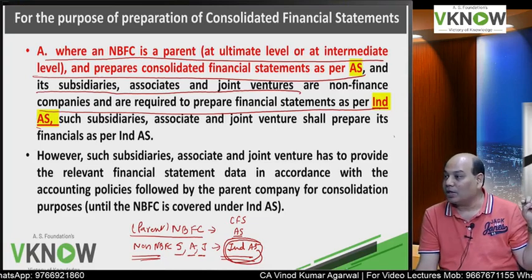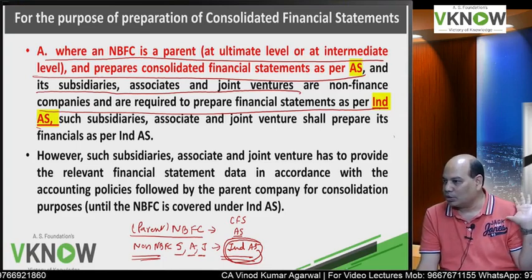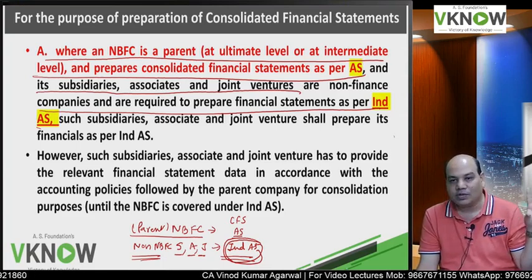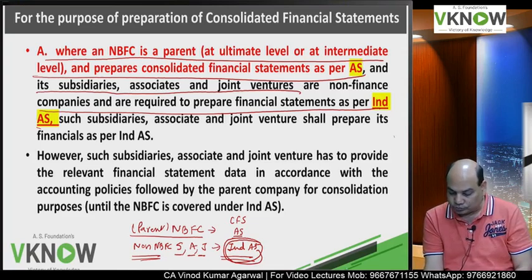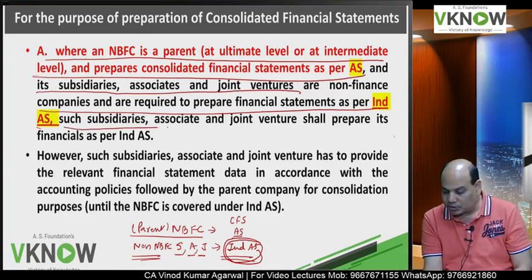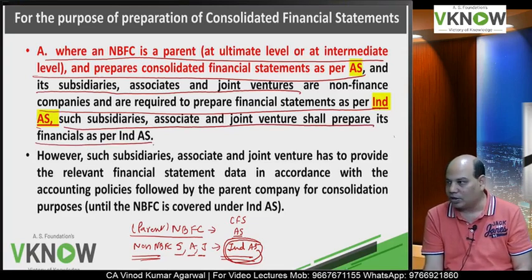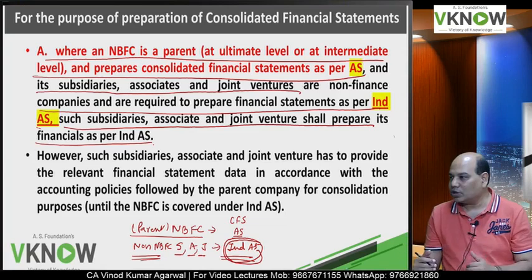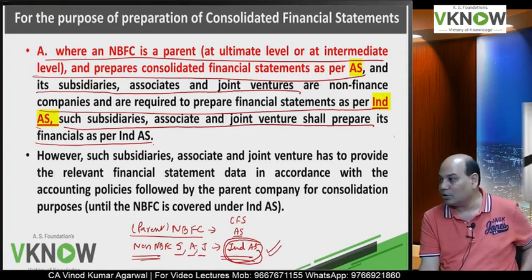But this time the parent is NBFC, not yet covered by the roadmap. Then what will you do? Then such subsidiary, associate and joint venture shall prepare its financial statement as per Ind AS. So their financial statement will be as per Ind AS only, because Ind AS is applicable to them.